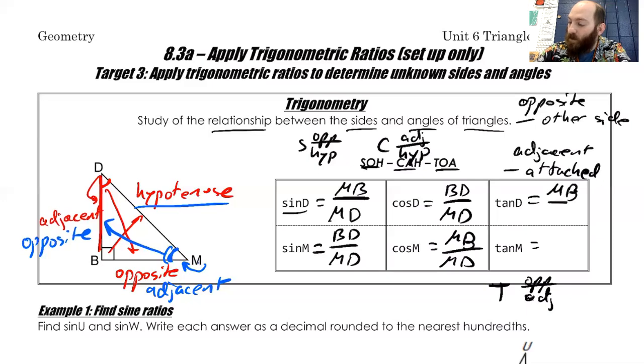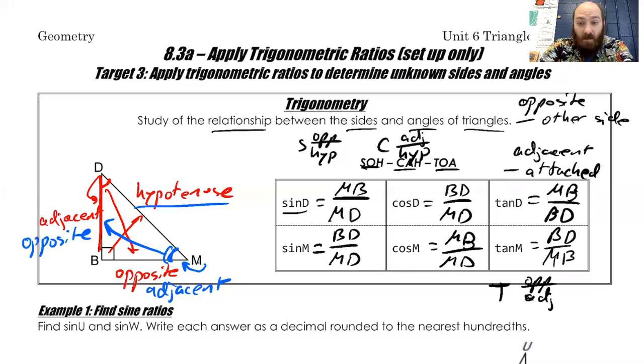So that will be my numerator. The adjacent side is this one. It's BD. But when I reference angle M, opposite is over here as BD, and adjacent is MB. So BD over MB.